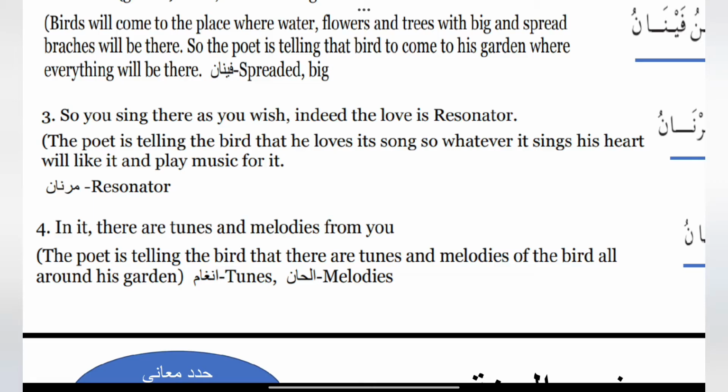Then in the fourth line, the poet is telling the bird that there are tunes and melodies of the bird all around his garden.